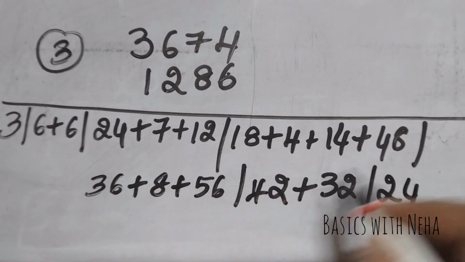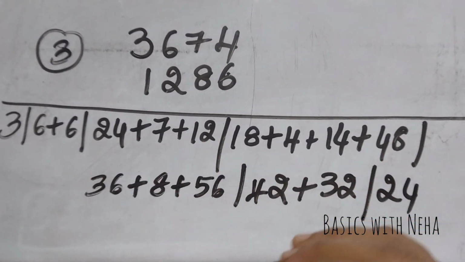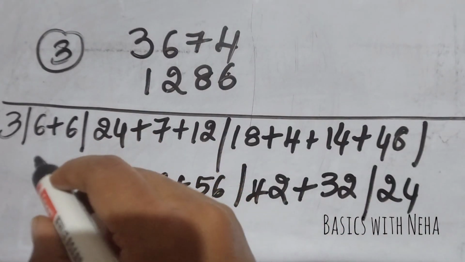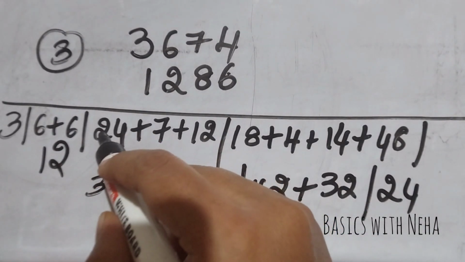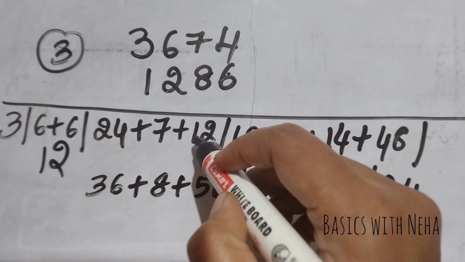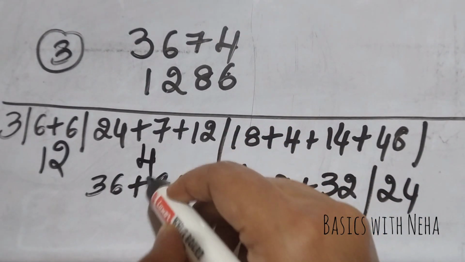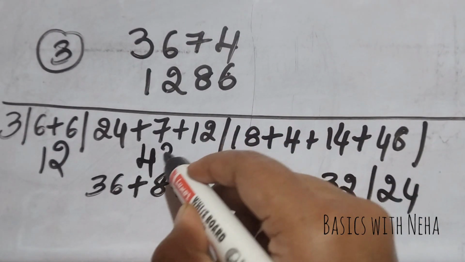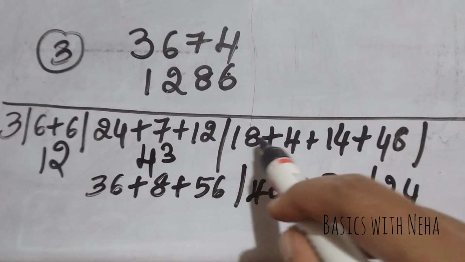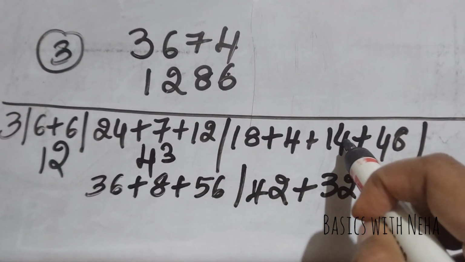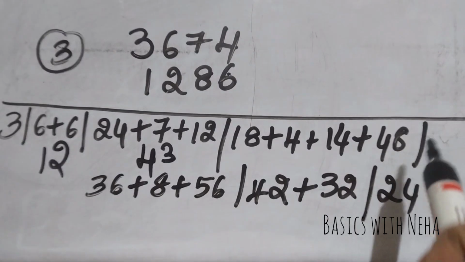So I will add everything here and I'm going to write separately in one line. So let's add it. 6 plus 6 will be 12, 24, 31. So 31 plus 12 will be 43, 18, 22, 32, 36.